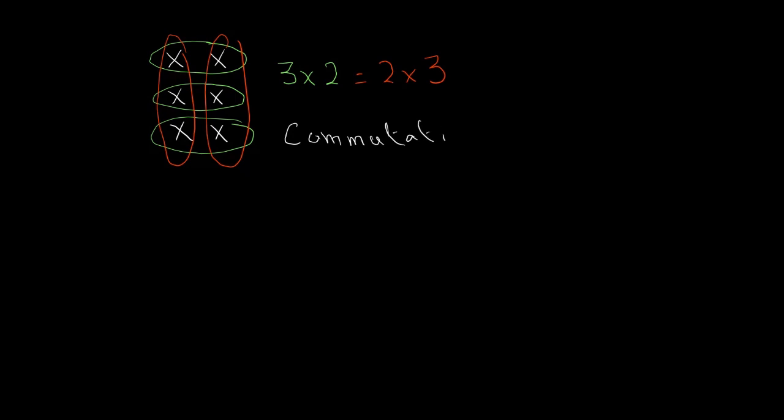So I have 3 twos, and that's equal to 2 threes, and that's really your choice which order you're going to multiply. So this is called the commutative law of multiplication. You already know about it, but I just wanted to remind you.